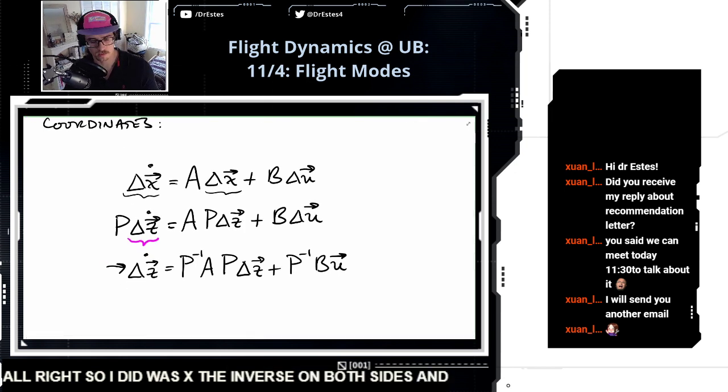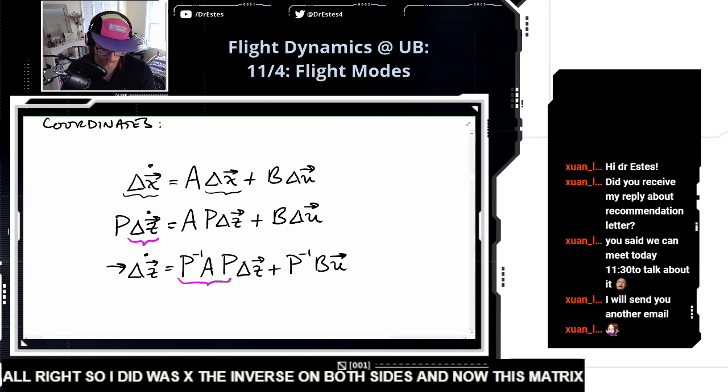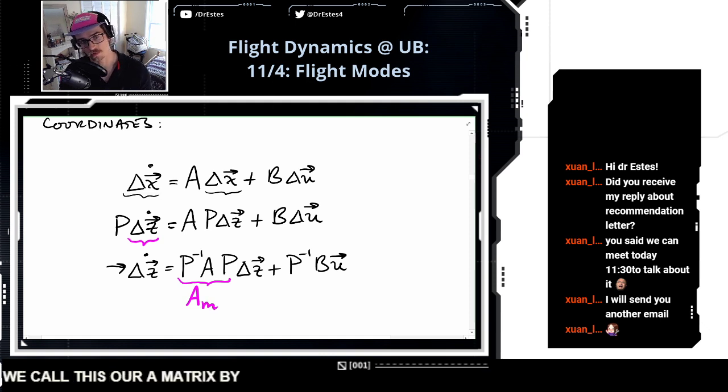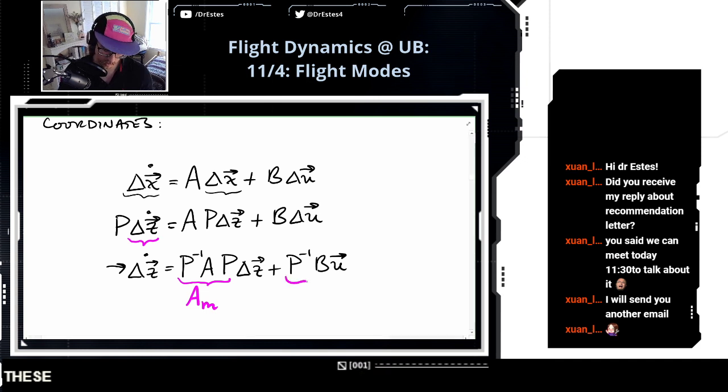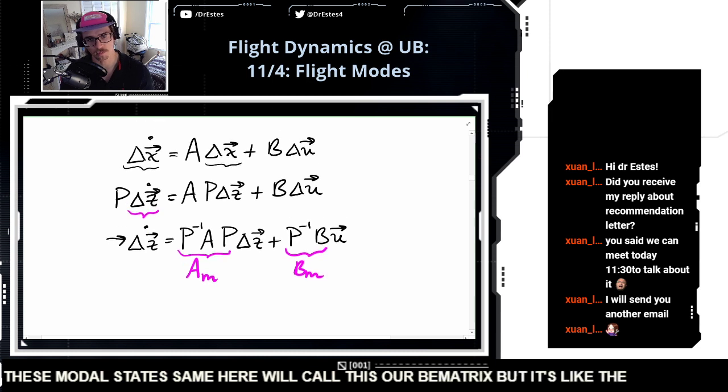And now this matrix, P inverse times A times P, we call this our modal A matrix, because it's like the A matrix for these modal states. Same here, we'll call this our modal B matrix.